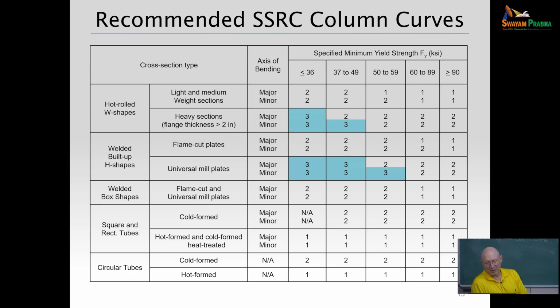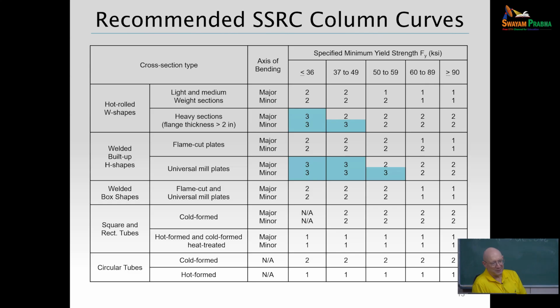If we're looking at cases with lower strength steels, lower than grade 50, this is all in imperial units here, so less than 345 megapascals yield strength, and it's a heavy hot rolled section, particularly with minor axis bending, then yeah, curve 3P is probably the one we should be using.